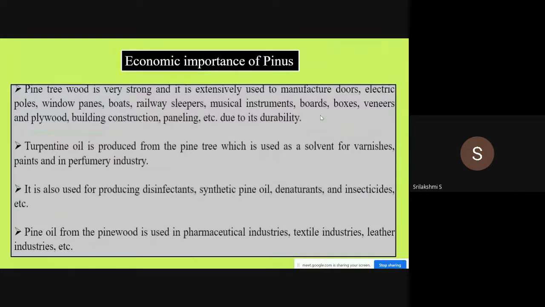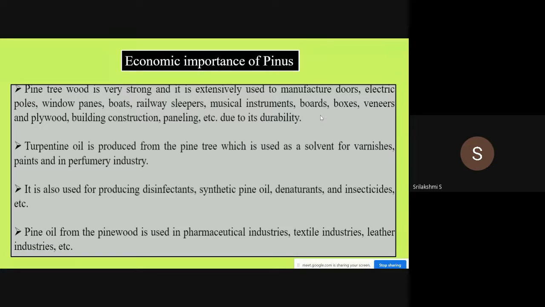Coming to the economic importance of Pinus, these are a few uses you can note. As you know, it is extensively used for manufacture of furniture and also in construction, of course, and even a lot of musical instruments. Of course, turpentine is obtained from the pine trees, which has a lot of applications, again in the furniture industry.